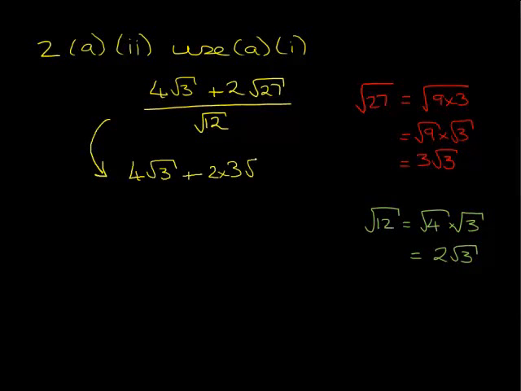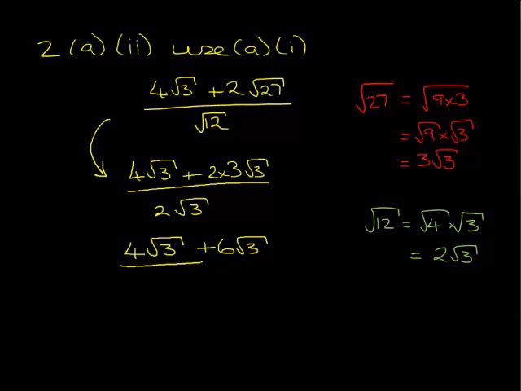Instead of root 27 here, we're writing 3 root 3, and instead of root 12 on the bottom, we're writing 2 root 3. Note that the question states that you have to give your answer as an integer, so we're expecting the root 3's to cancel. So let's simplify.